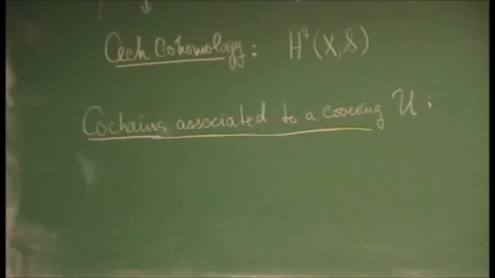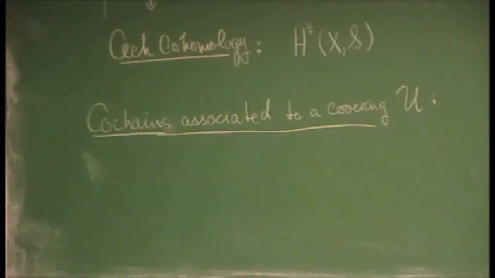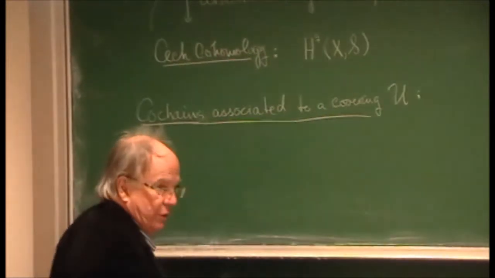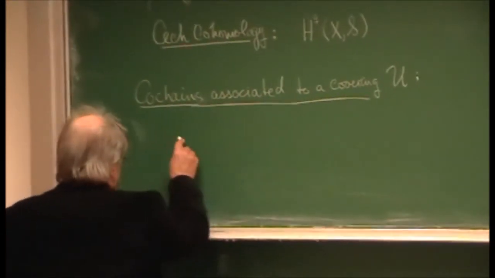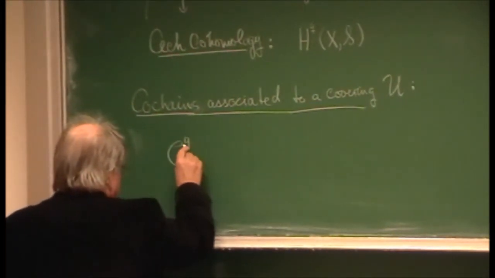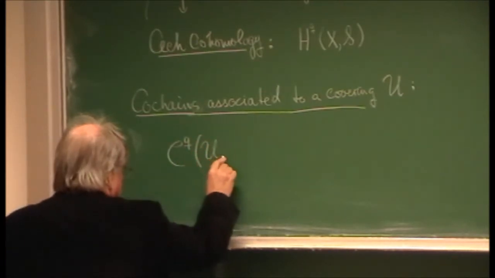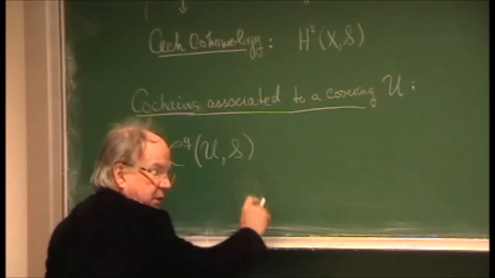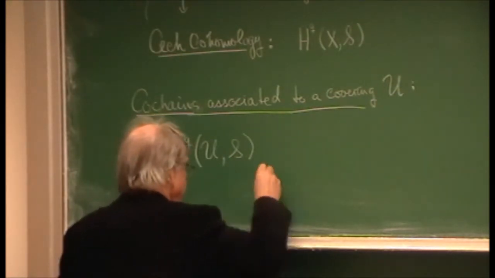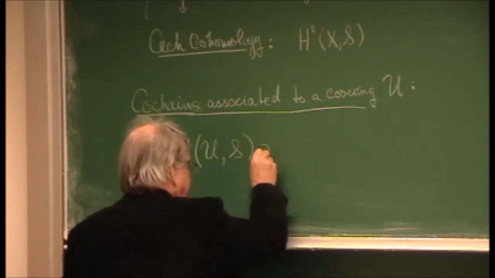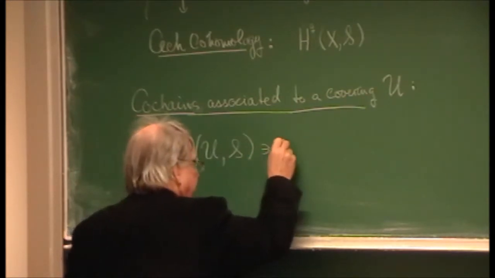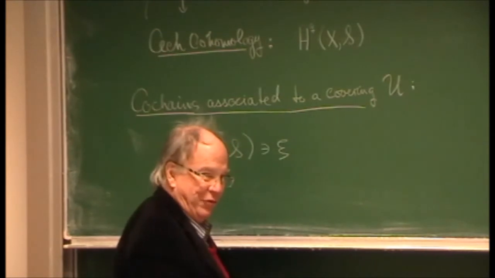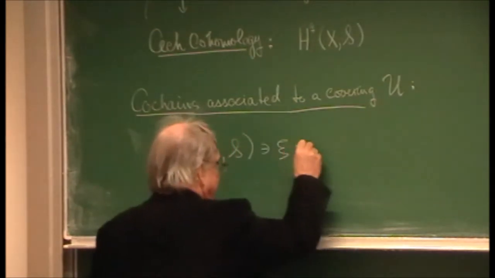Okay. Well, these things are horrible notation, really, quite frankly. So I'm going to talk about Q cochains with respect to the covering U in the sheaf S. So an element here, maybe it's something C. I'll write it down algebraically for you in a minute, but I'd rather just write down the elements.